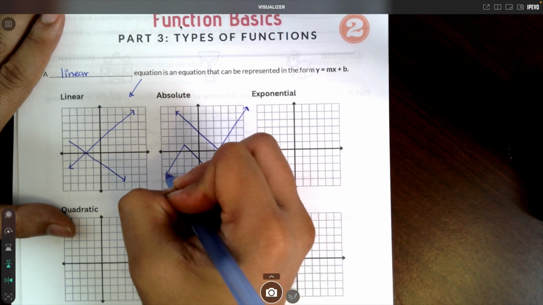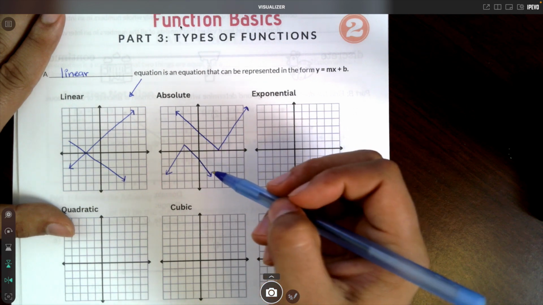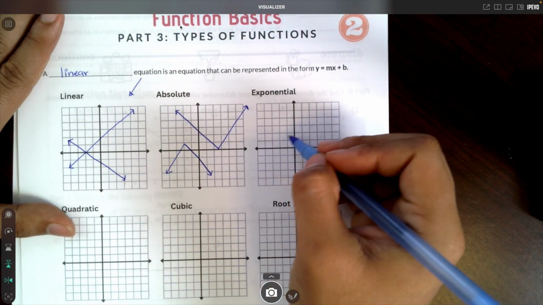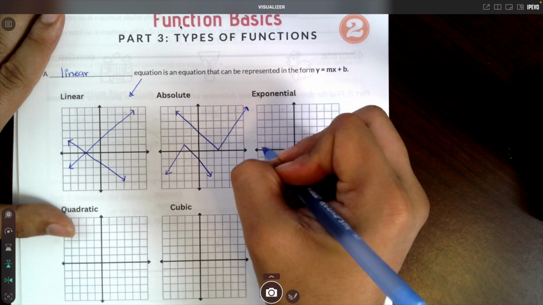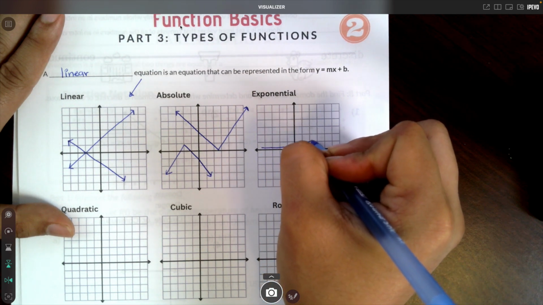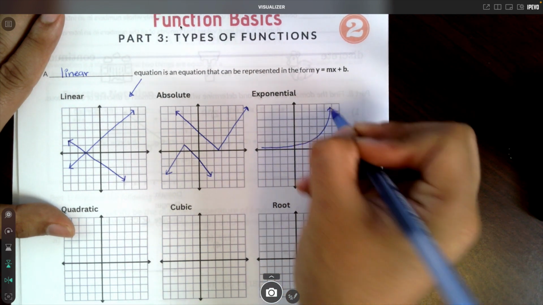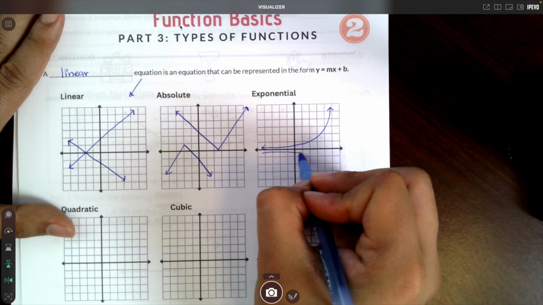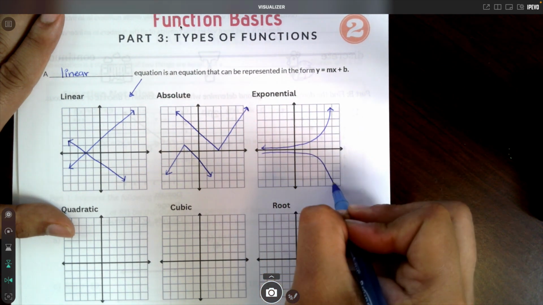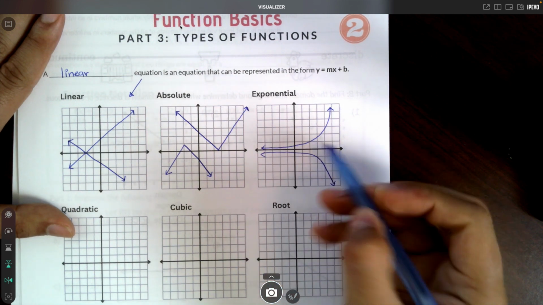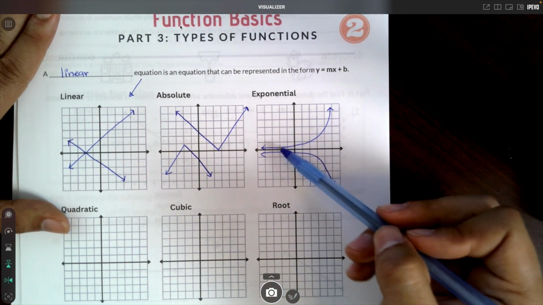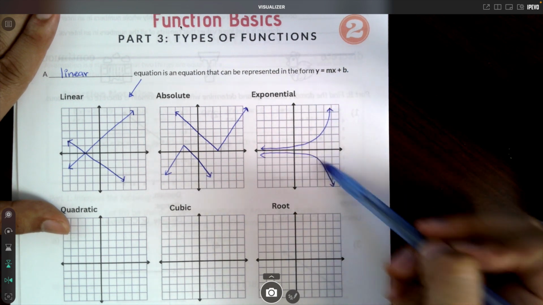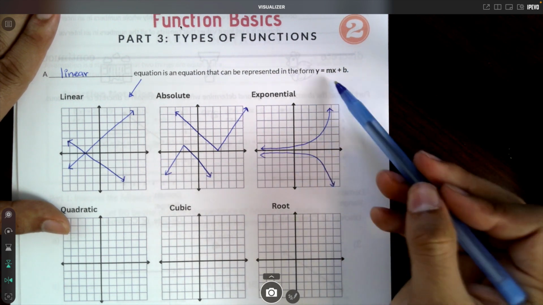Okay, so there's different types of absolute value, and there's different types of linear functions. There's different types of exponential functions. There's some exponential functions that start low, low, low, and then all of a sudden they shoot up. And then there's some that start to get lower, lower, lower, and then eventually they go down. So there's different types of exponential functions, but an exponential function has a sharp change, like all of a sudden it just takes off or goes down sharp or goes up sharp.